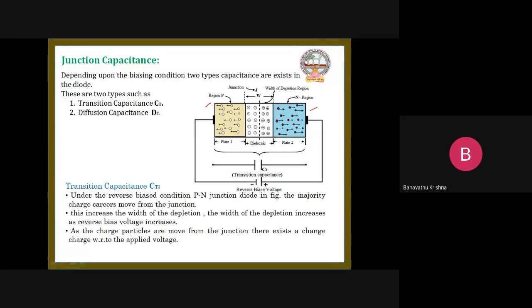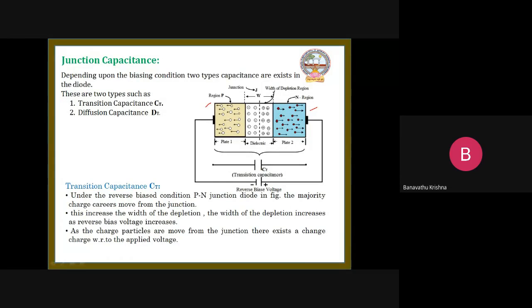Junction capacitance means the junction has a capacitance property, that is the junction capacitance property. This property depends upon the condition of the diode. As I told you in the previous class, there are two types of biasing conditions, forward bias condition and reverse bias condition.